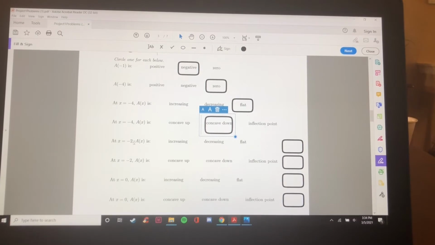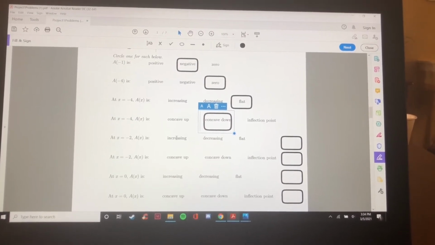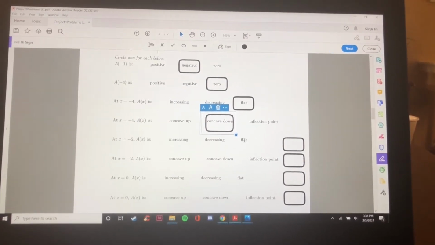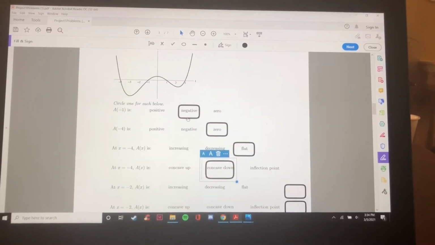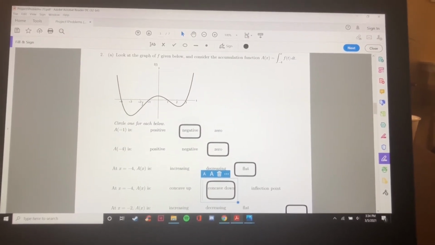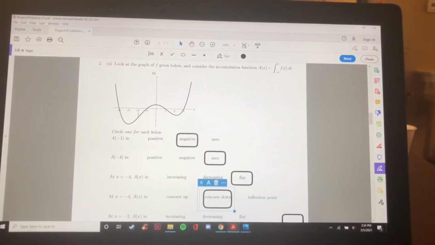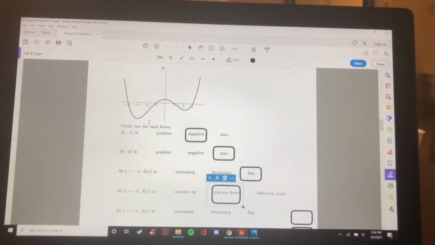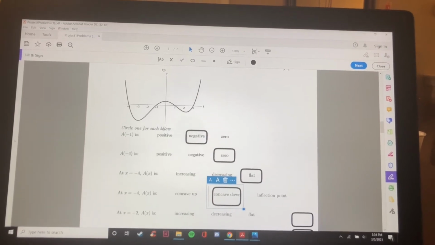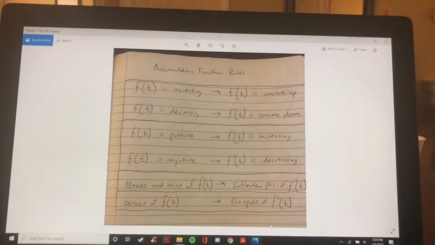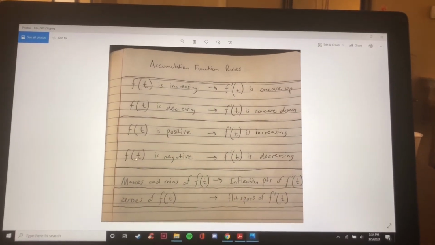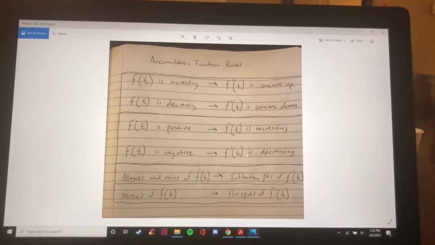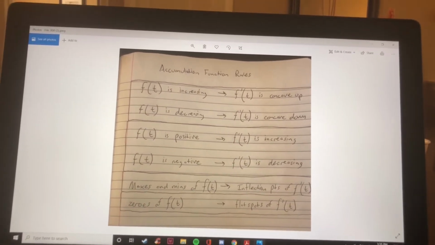At x equals -2, A of x is increasing, decreasing, or flat? Well, according to the graph, -2, right here at this point, is below the x-axis. So that means it's negative. And according to our extended table, if the original function is negative, the accumulation is going to be decreasing.